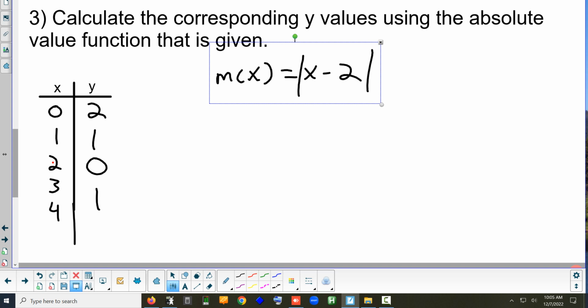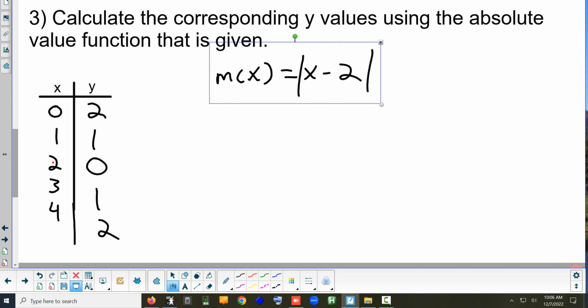And Micah, what's 4 minus 2? And what's the absolute value of 2? What did we say about absolute value? Someone remind me. It's not the opposite. It's always positive. Oh, okay. 2.